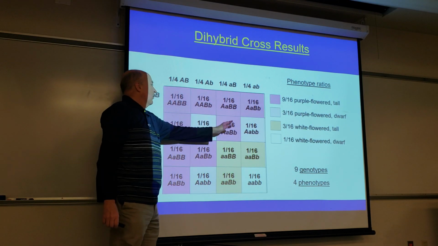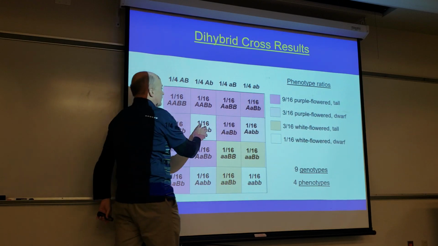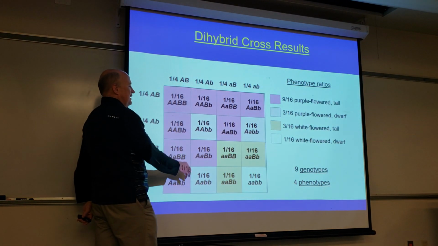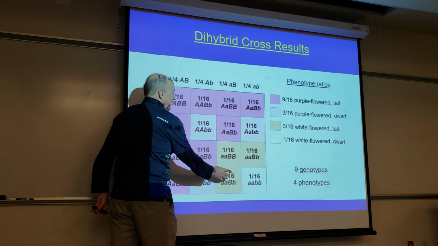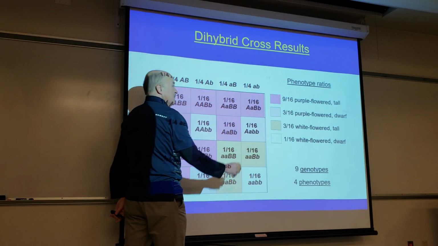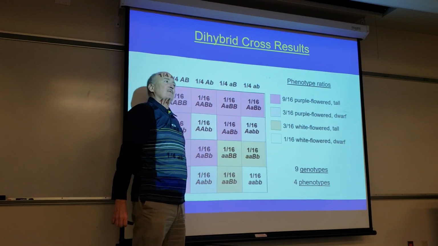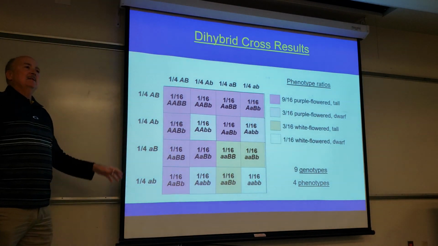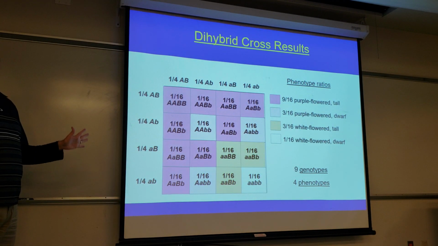All the rest were hybrids to some extent. Then we had 3 versions out of the 16 that were dominant on one trait and recessive on the other. And then 3 more where you switched that idea around. And finally just one that was recessive. Looking at the phenotypes, that's what happened with the dihybrid cross.